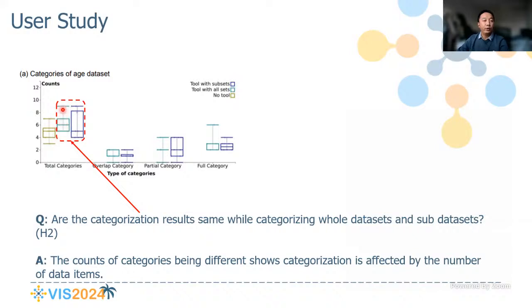They show different numbers of data items and the results. The results are the numbers of total categories. They are different, which verifies hypothesis 2: the counts of categories being different shows categorization is affected by the number of data items.